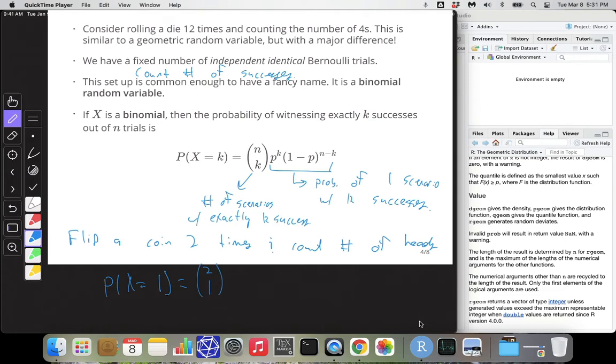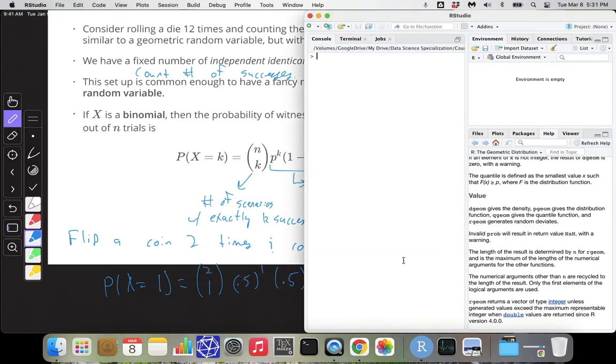2 choose 1, 0.5 to the 1, that's the number of successes. 0.5 to the 1, that's the number of failures in this case. So if I wanted to calculate this in RStudio directly, what I would do is choose(2,1) times 0.5 to the first power times 0.5 to the first power.